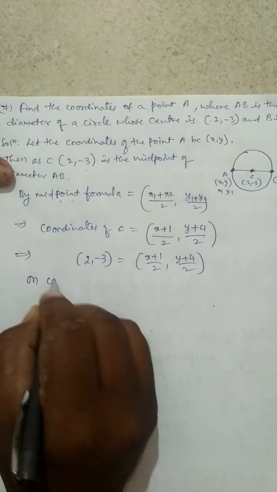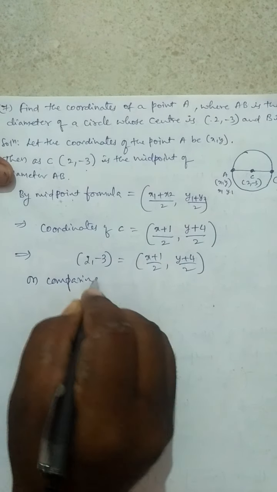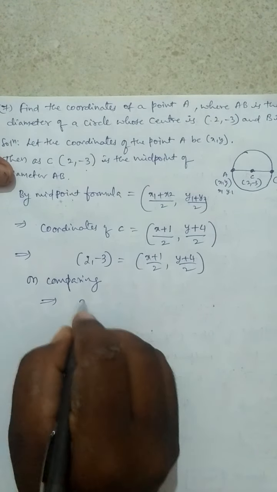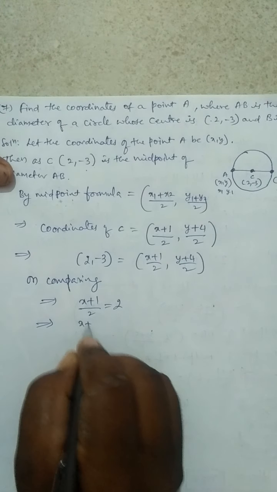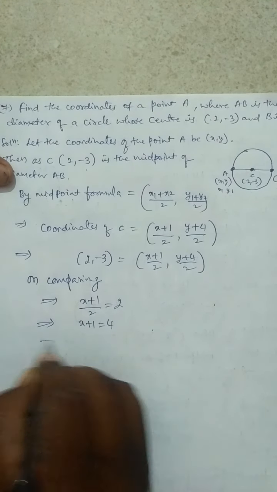On comparing, (x plus 1)/2 is equal to 2. So x plus 1 is equal to 4, 2 twos are 4. If I transpose plus 1 to the RHS, 4 minus 1, so x is equal to 3.